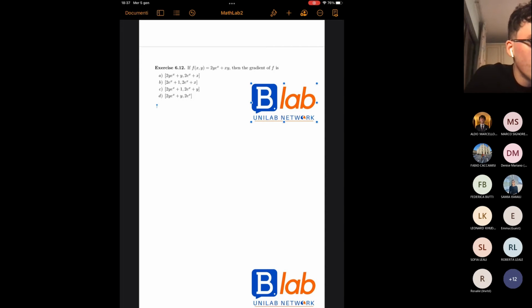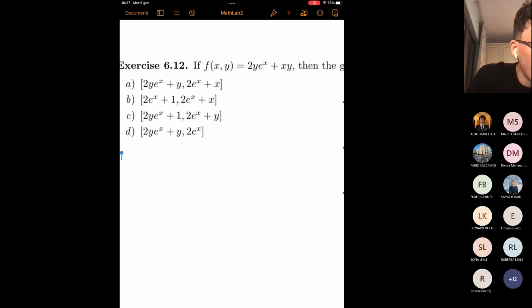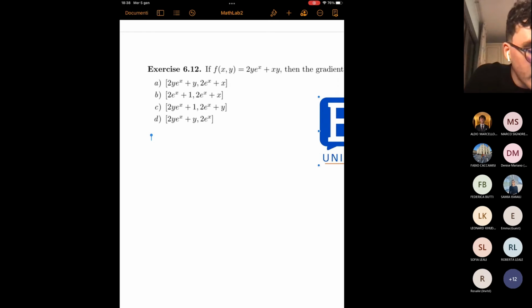So for the first term of the function, which is 2y e to the power of x, we have to consider y as a fixed value, and so the derivative of 2y e to the power of x will simply be 2y e to the power of x, because 2y is simply a constant, and the derivative of e to the power of x is e to the power of x, and so we keep this term.